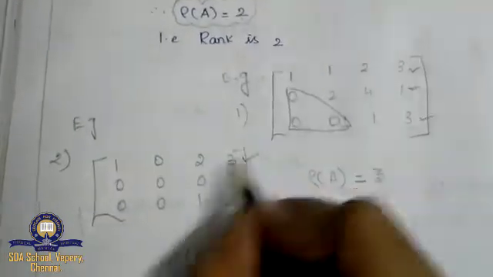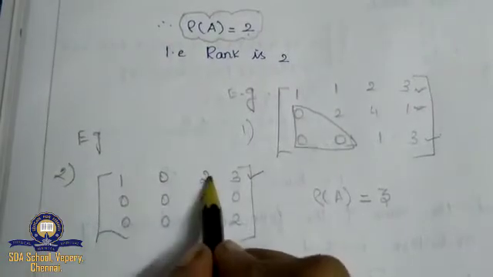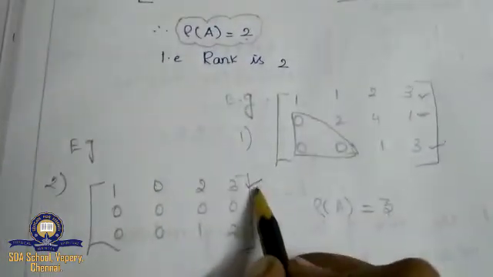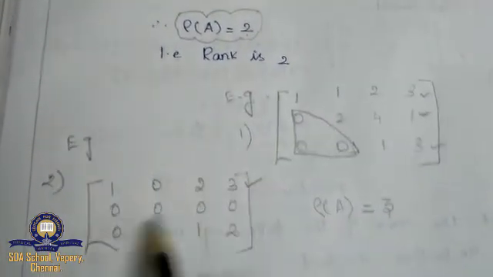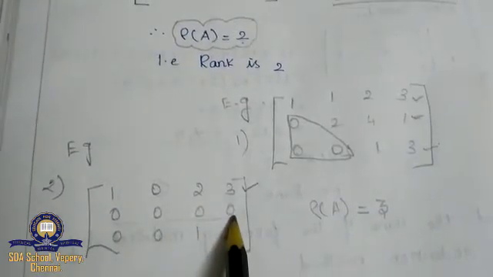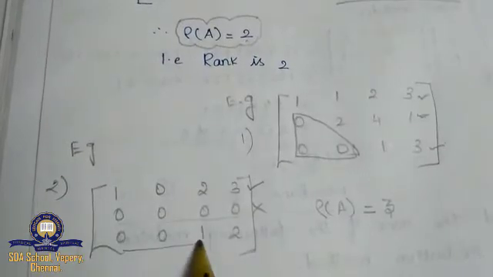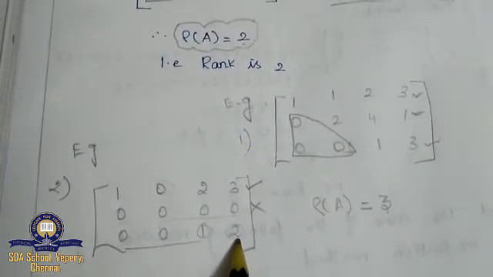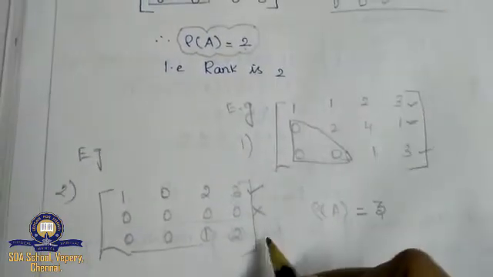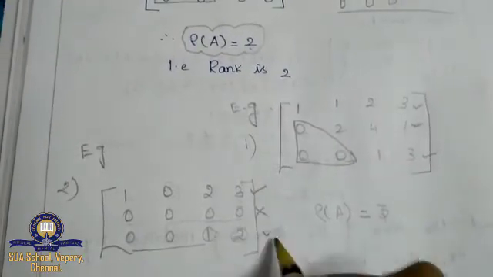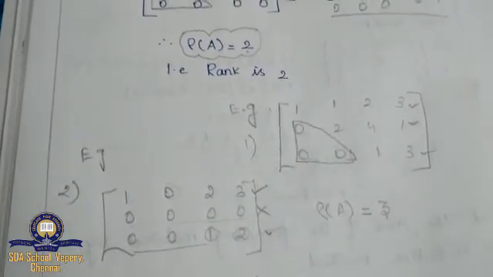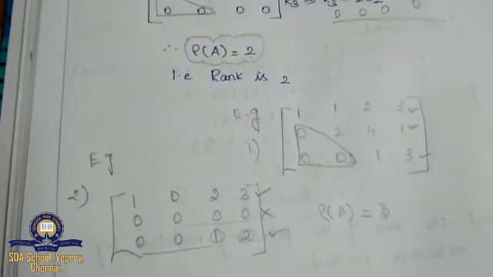The first row, I have only one 0 but I have 3 elements other than 0, so we have to take this row. And the second row I have got all the elements as 0, so I should not take this row. But the third row I have got 2 non-zero elements, so I have to take this. So what will my rank be? 2. So this is how we have to get the rank value.